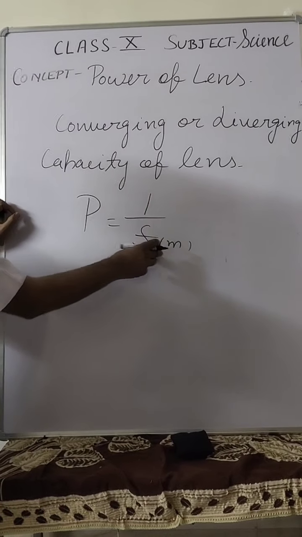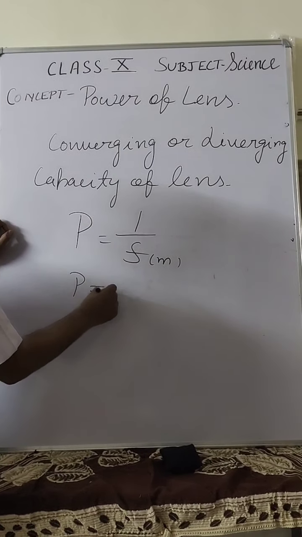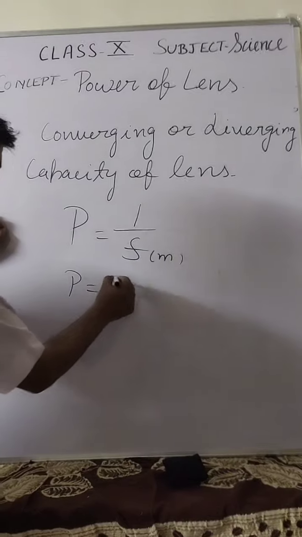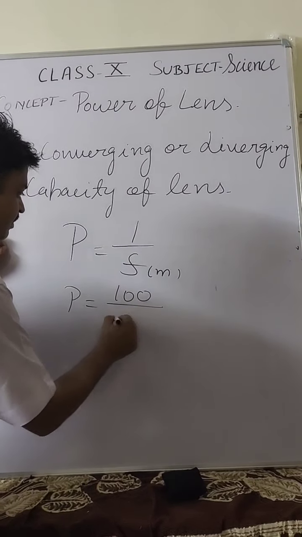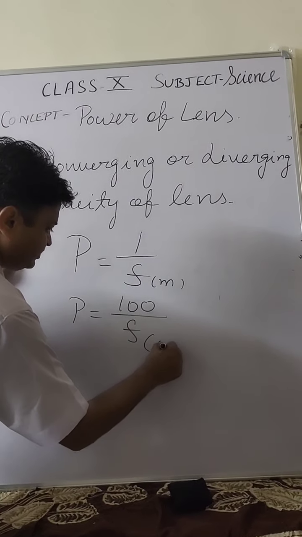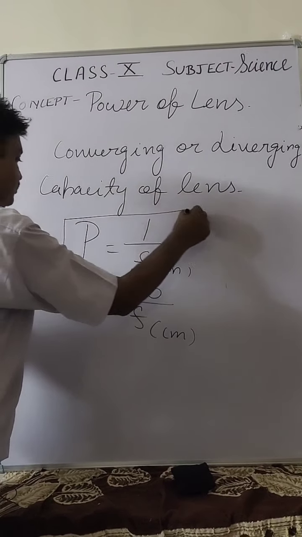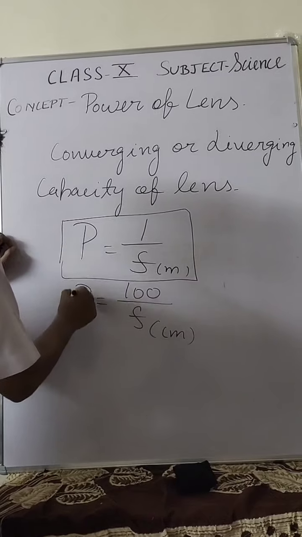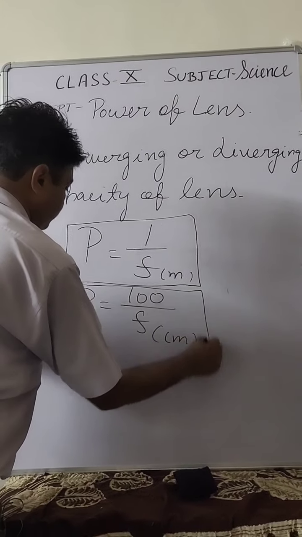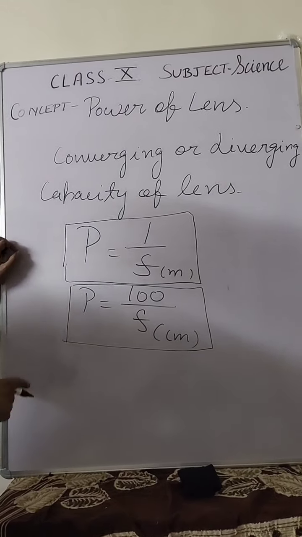If the focal length is in centimeters, then the formula of the power of the lens is 100 upon f. So these are the formulas of the power of a lens. You will learn them.